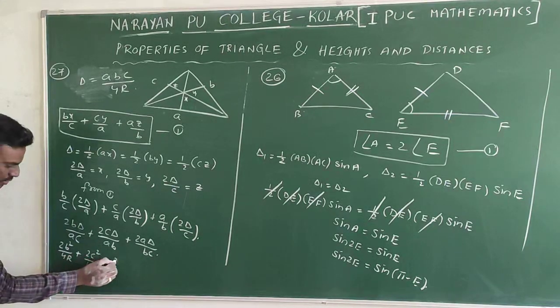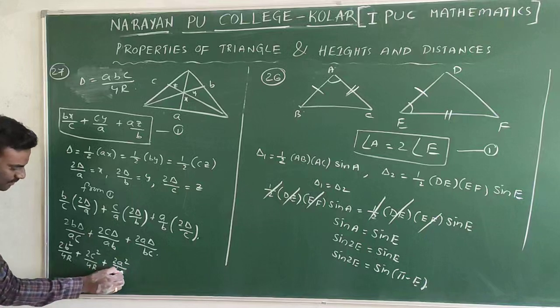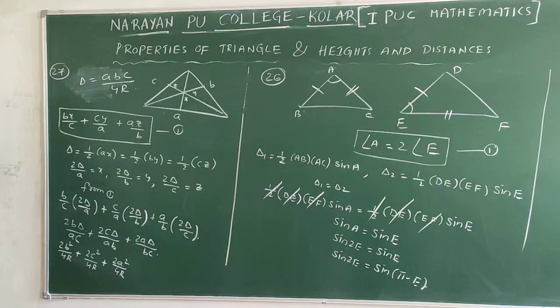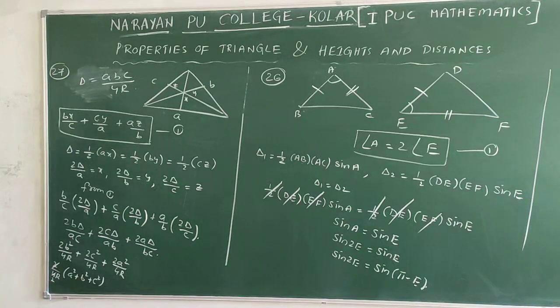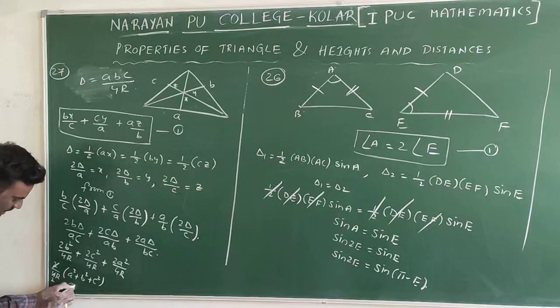Here 2a square by 4r. So if you take 2 by 4r common, what you will get? a square plus b square plus c square. So the final answer is a square plus b square plus c square by 2r, that is option A, the correct answer.